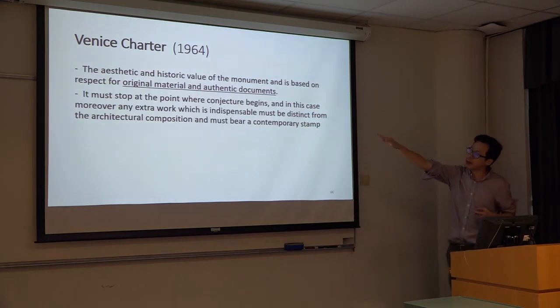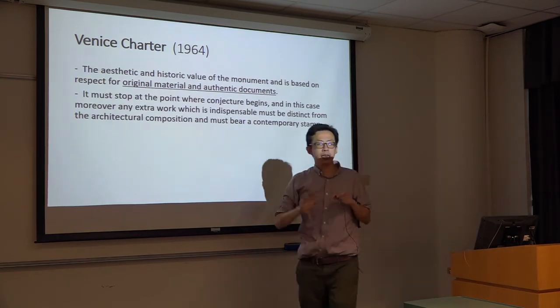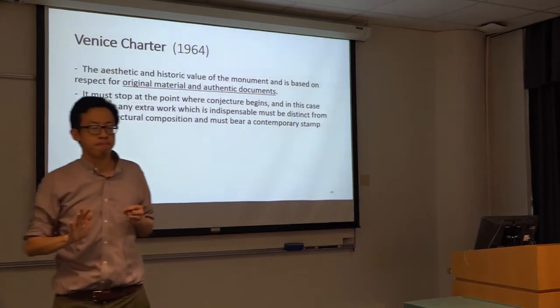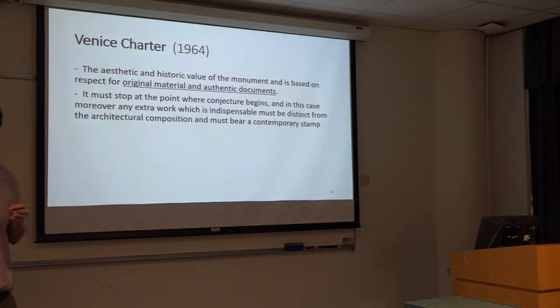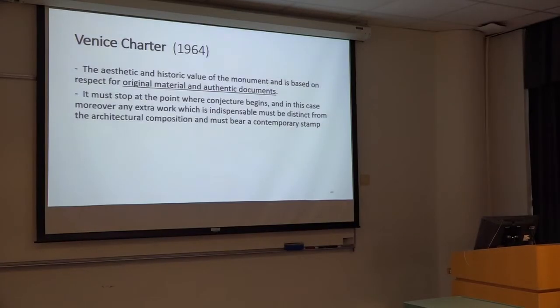Yes, we must stop at the point where contradiction begins. But the most fundamental criterion is that we need to make sure the material and everything have to be original.